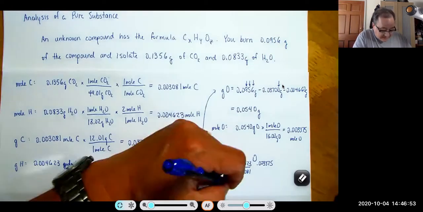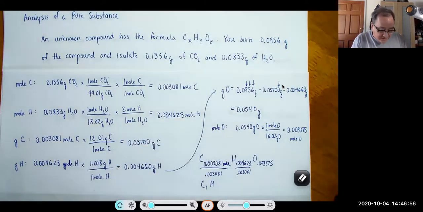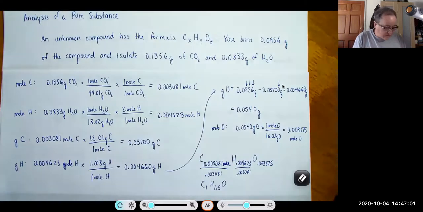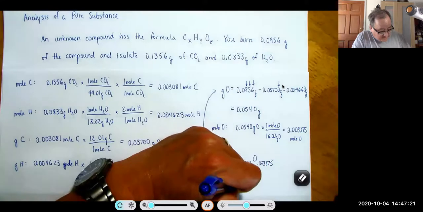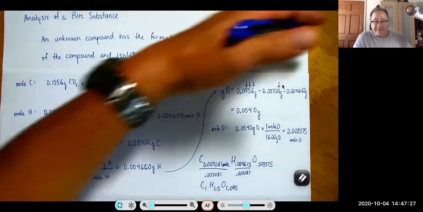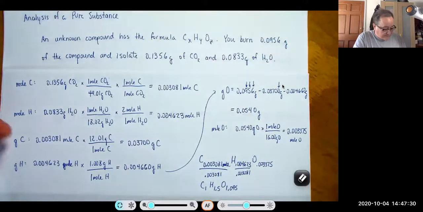0.003081. And here I get, oops, I know I did something wrong here. I get 1.5 and 0.003375 divided by 0.003081. And we get 1.095. Now, looking at the specificity of the data, how well it is, I don't like the idea of saying that that's 1.